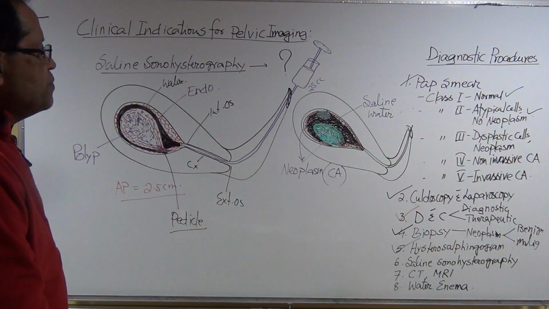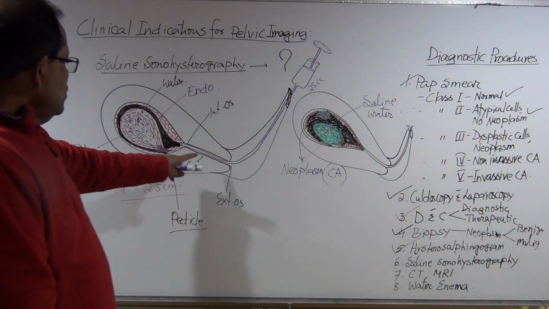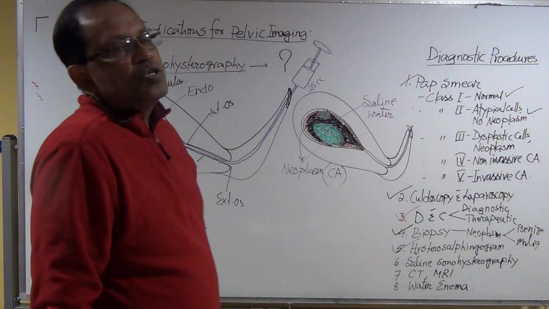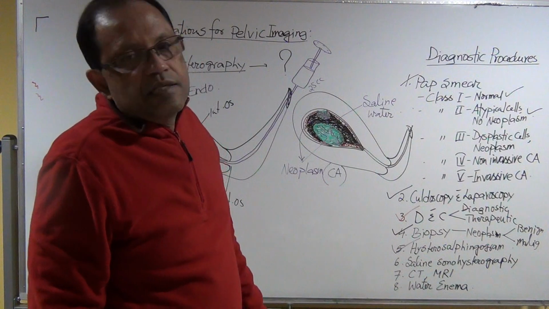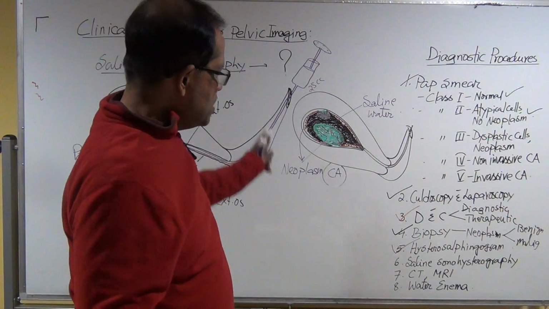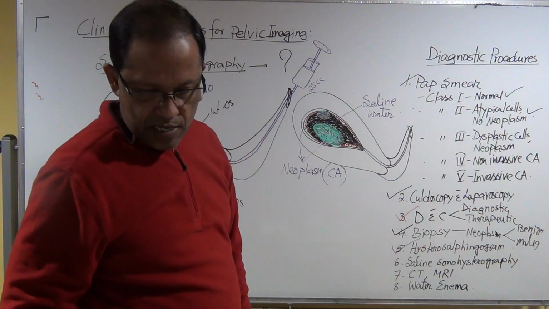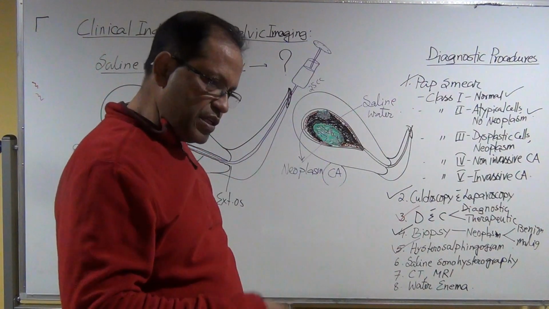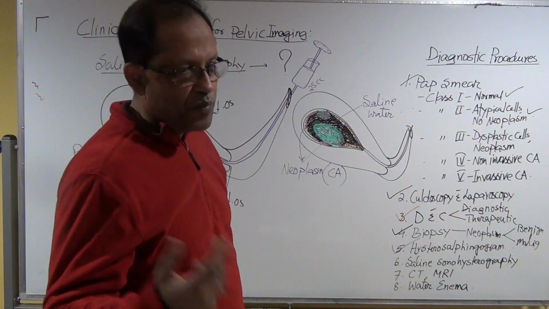Okay, so it is very important, and when it is diagnosed that something is wrong, then they will do the next step in the next setting, but not this setting. Okay, usually they will do the biopsy. If there's a polyp, they will take off the polyp.